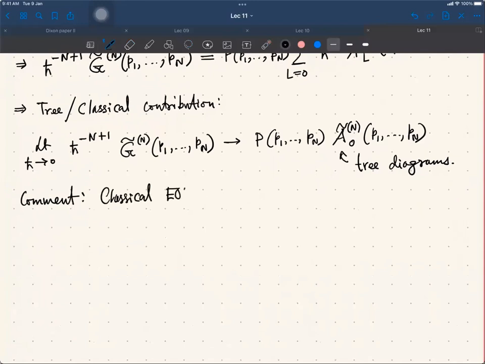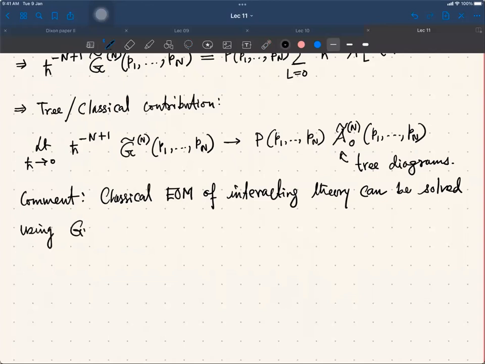The classical equation of motion of an interacting theory can be solved using the Green's function method perturbatively.